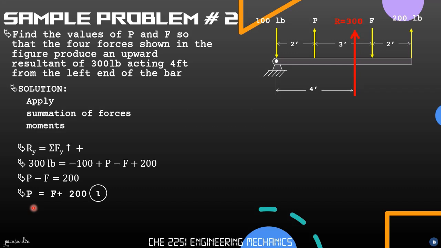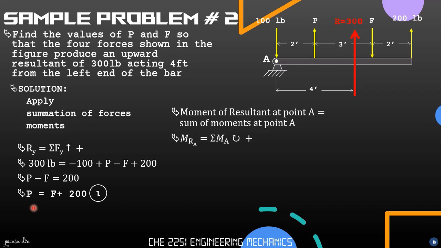For the moments, we will apply Varignon's theorem, at which the resultant moment at point A is equal to the sum of the individual moments at point A. So, clockwise positive.